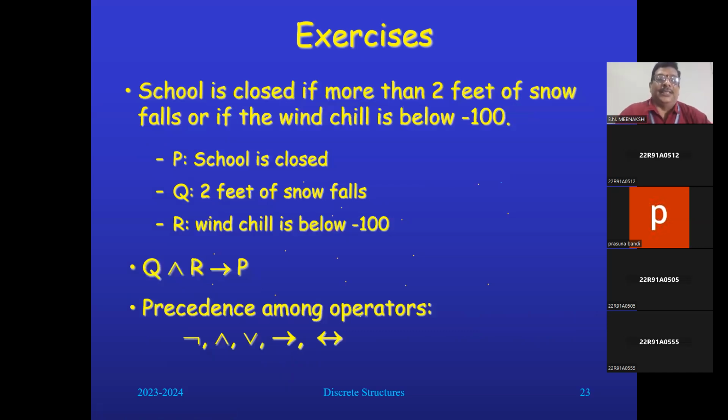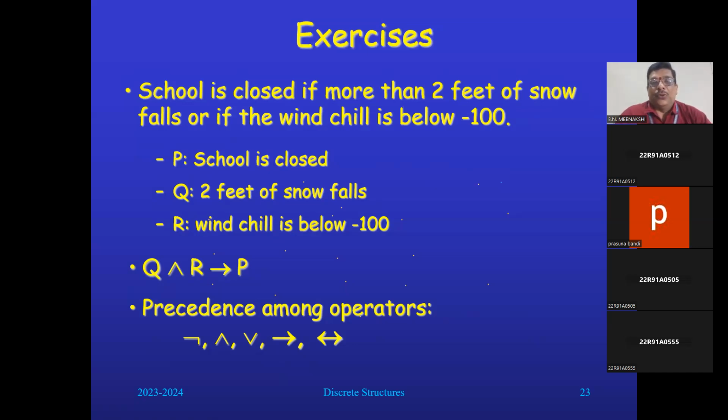Then this is another example. The school is closed if more than 2 feet of snowfall or if the wind chill is below 100. So here you are having three statements.